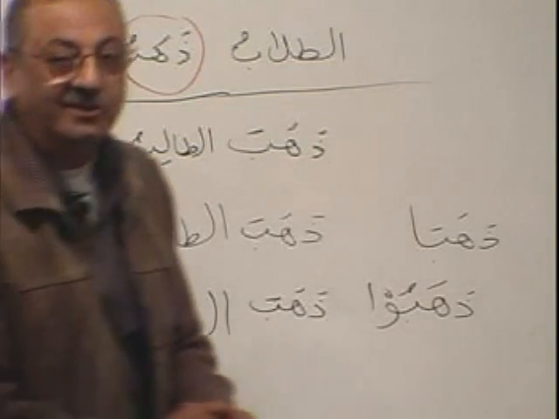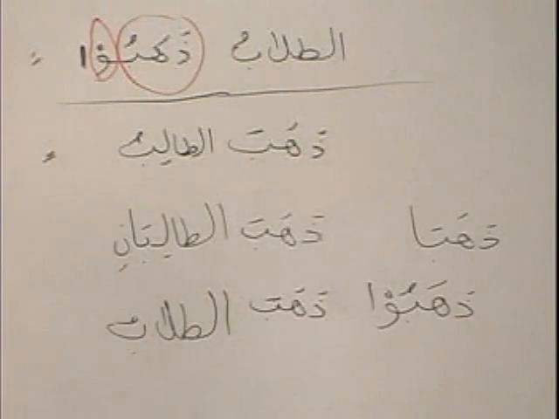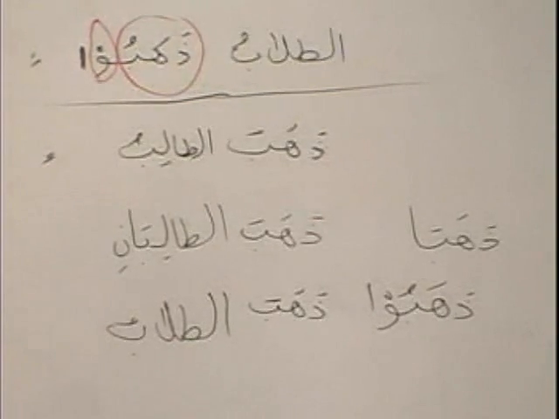So what do we understand out of it? We understand that if you start a brand new sentence, and if the verb is in third person, what kind of verb is in third person, brother? Huwa, huma, hum, hiya, huma, hunna. These are third person. Okay, and all of them have verb forms.